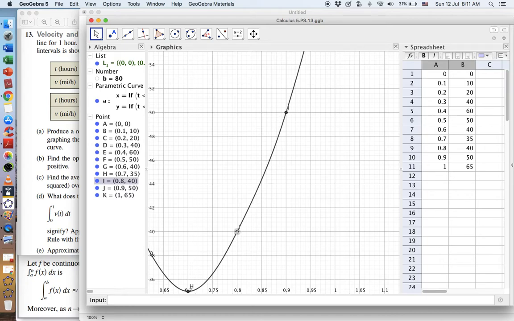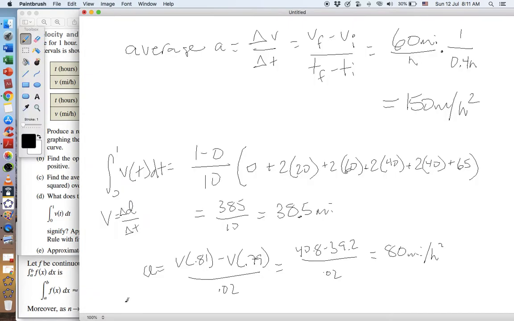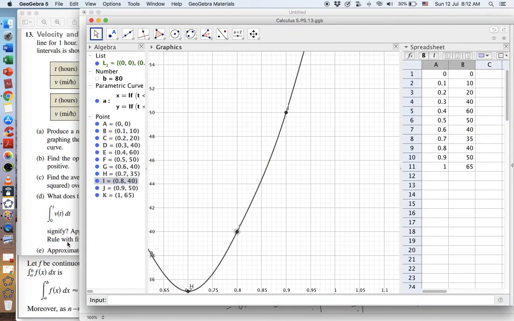So we can take 0.9 and 0.8, 50 and 40 as our points if we want to use a different method here. Then A equals 50 minus 40 over 0.1, or 10 over 0.1, or 100 miles per hour squared. And so you can see there's quite a big difference depending on how close you want to zoom in and what starting and ending point you want to use there.